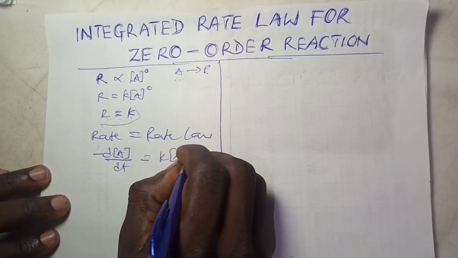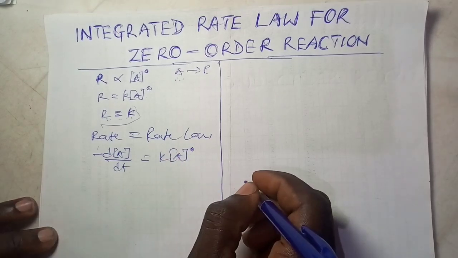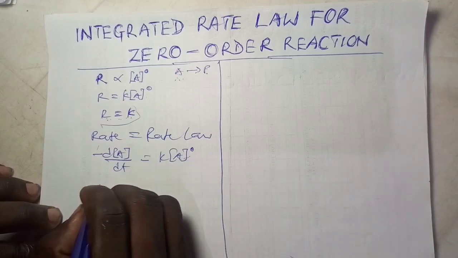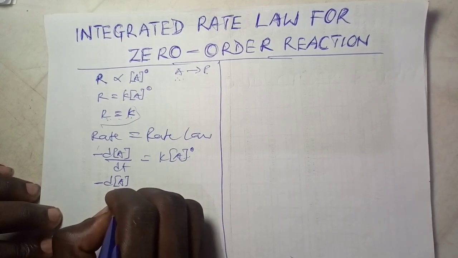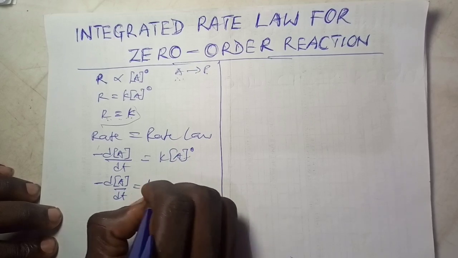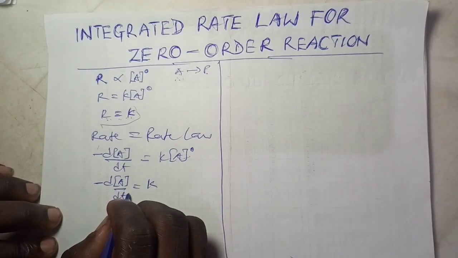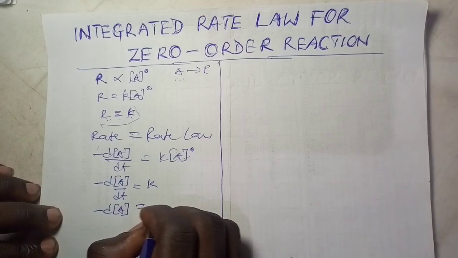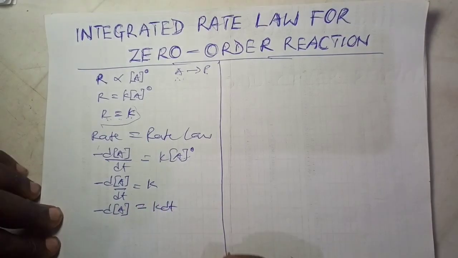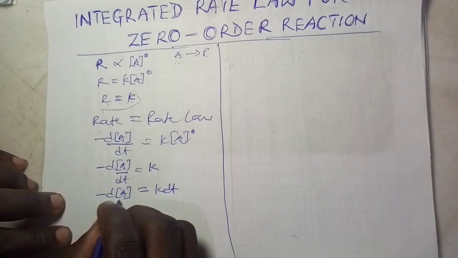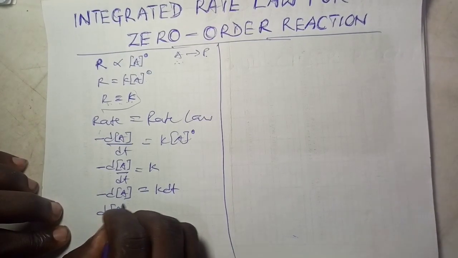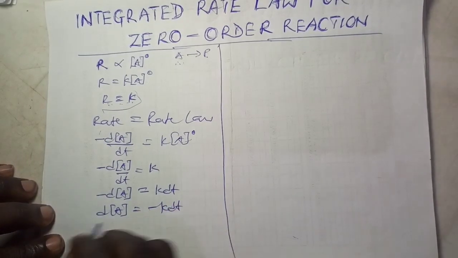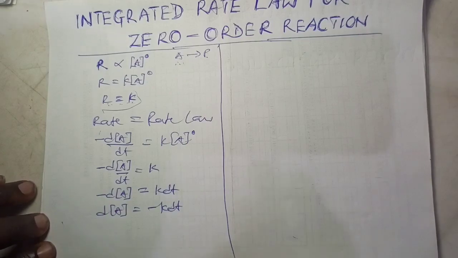K A to power 0, so in this case you shall be having it equal to K. By the time you cross multiply, you'll be having minus d concentration of A is equal to K dt. It is at this point you integrate both sides.